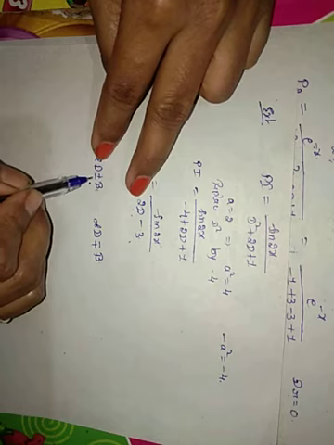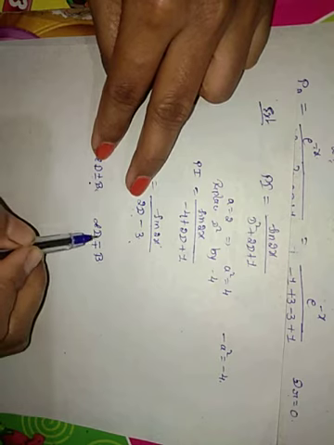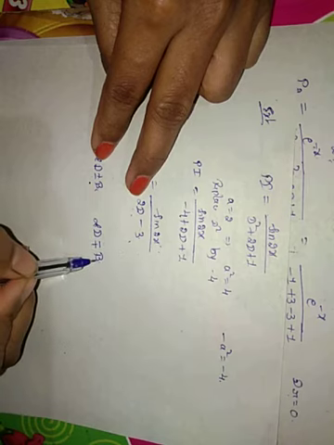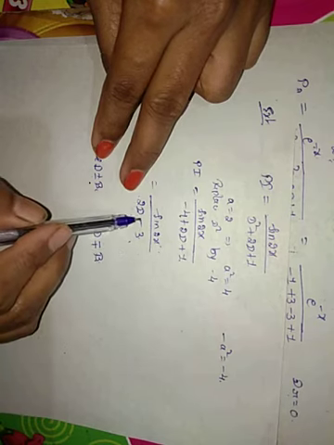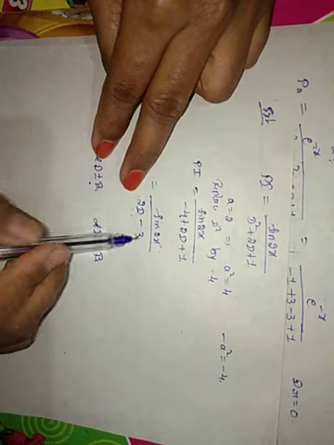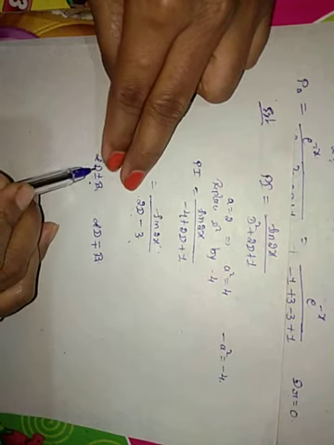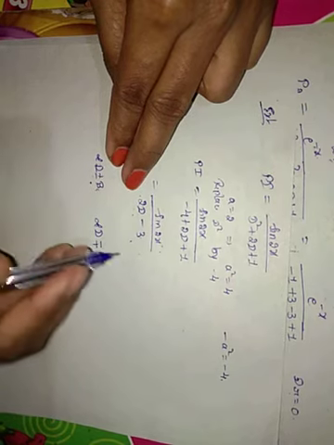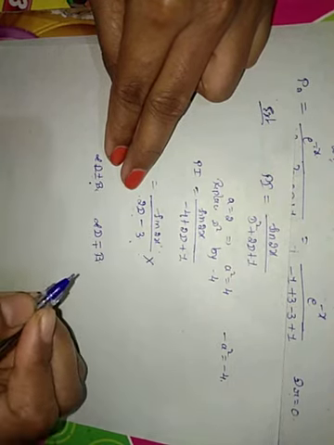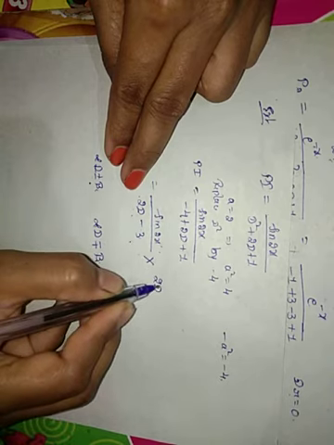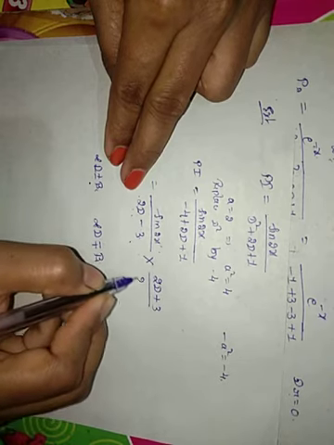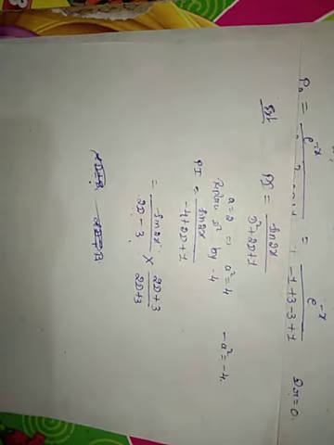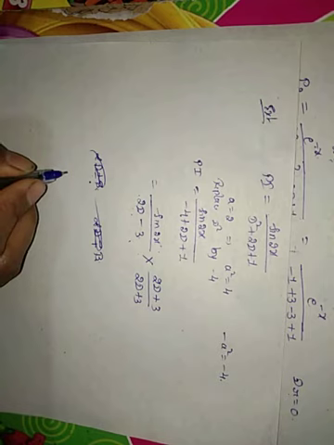Suppose alpha D minus beta is present, then multiply by alpha D plus beta. Don't change the sign of the coefficient of D; simply change the sign of the constant. So multiply both numerator and denominator by 2D plus 3.